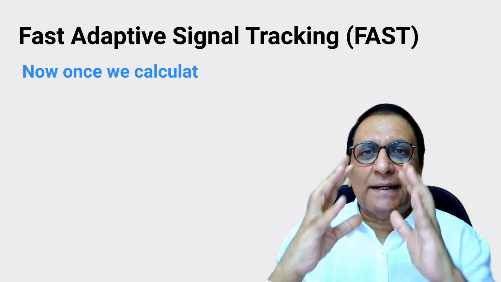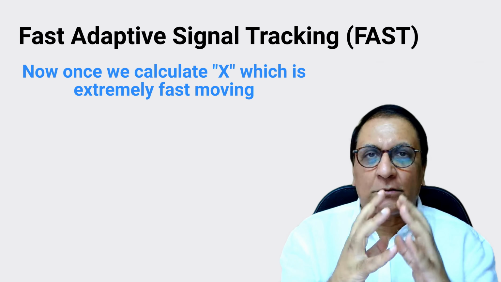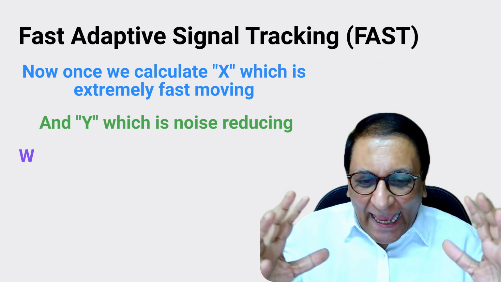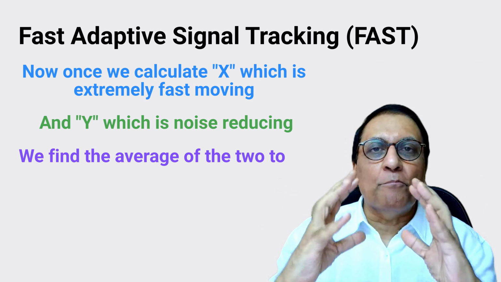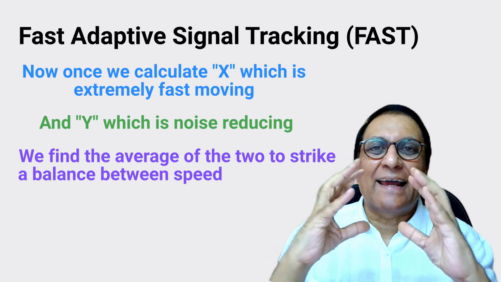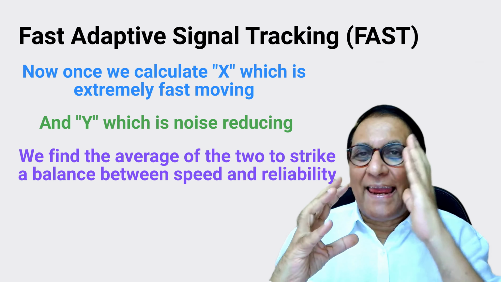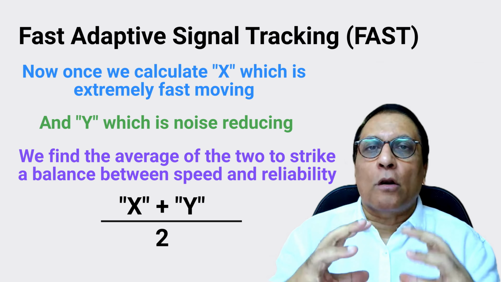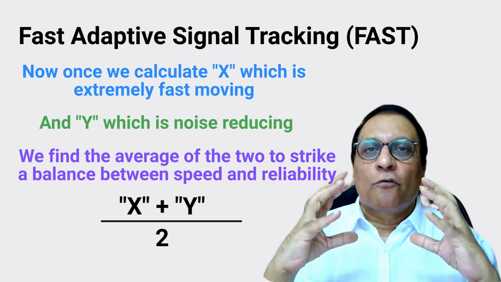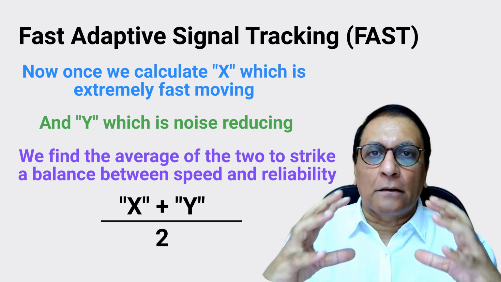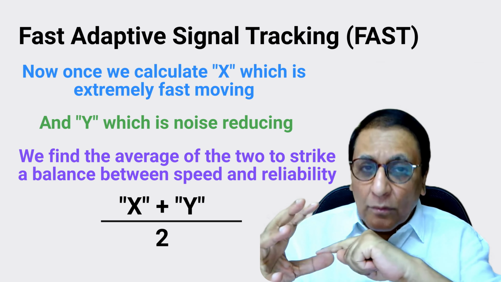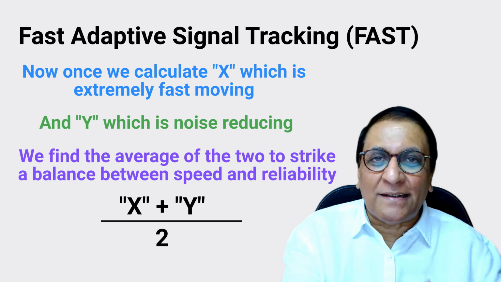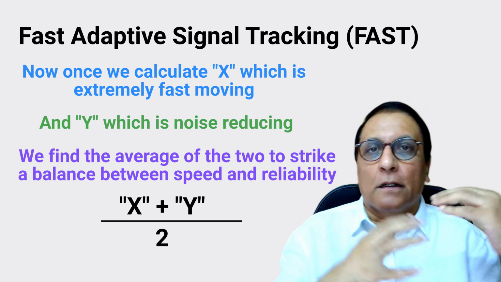Now, once we calculate X, which is extremely fast, and Y, which is noise reducing, we average the two to find the median of speed and reliability, which is (X + Y) / 2. This is what I call fast adaptive signal tracking. Remember, moving averages attempt to attenuate the noise and amplify the signal.